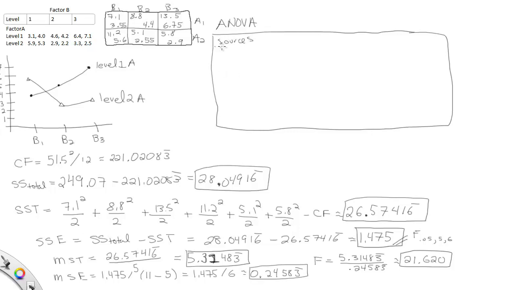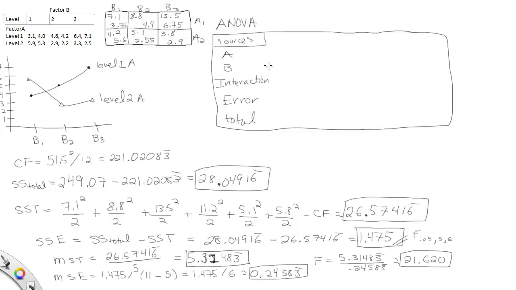For our sources, we're going to have treatment A, treatment B, then the interaction between those two terms, and then the error term.